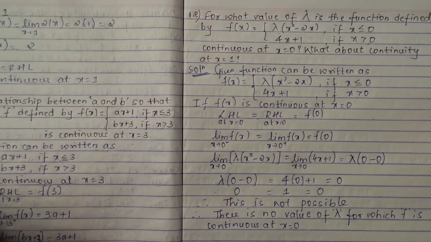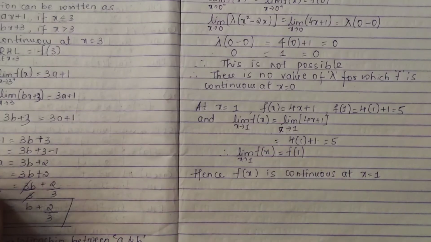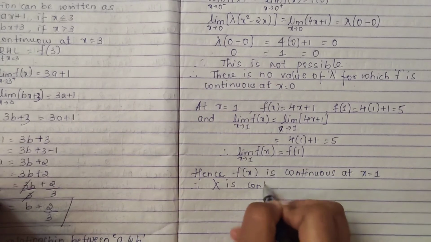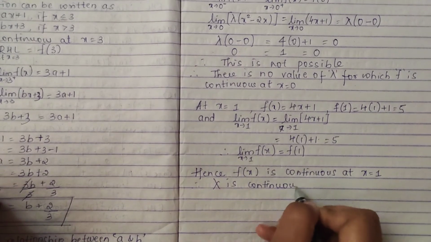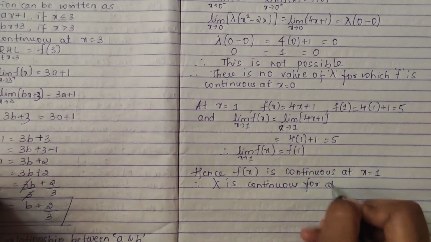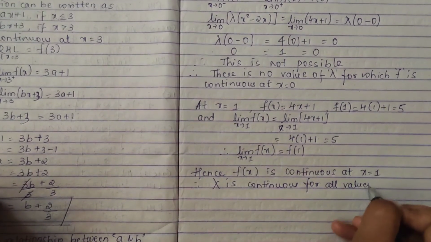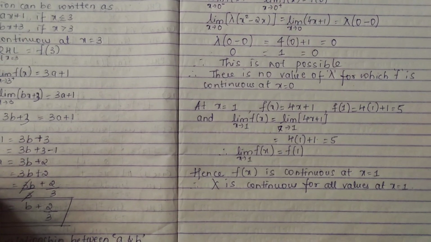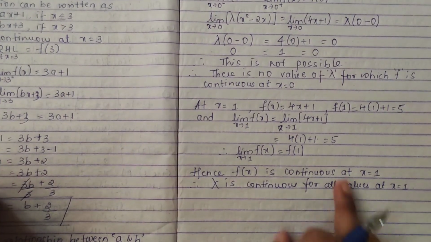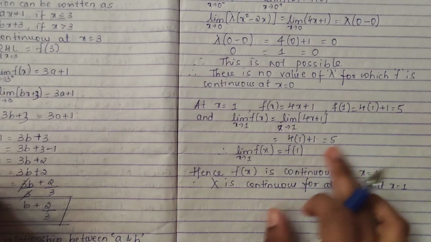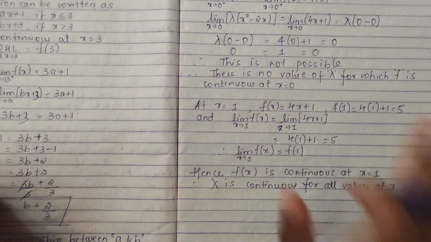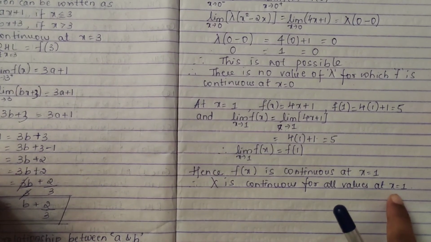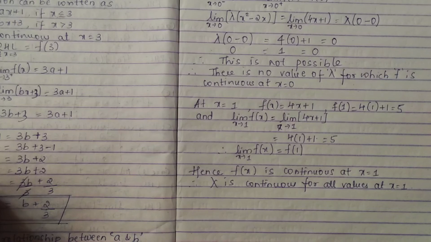So therefore at the end we can write, therefore f is continuous for all values at x is equal to 1. At x is equal to 1, f is continuous, because whatever you do, you will get the same answer itself. The limit and your f at that point will be equal. So your f is continuous only at x is equal to 1, but not at x is equal to 0.